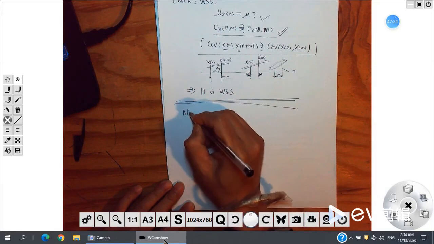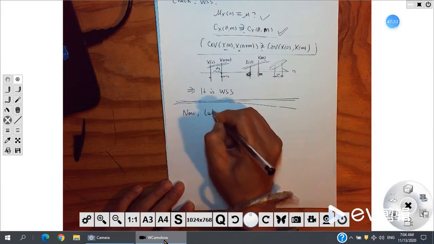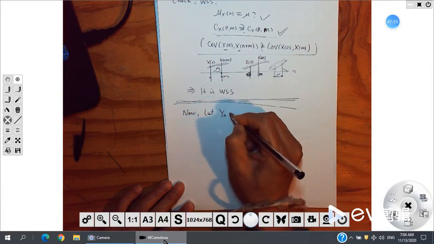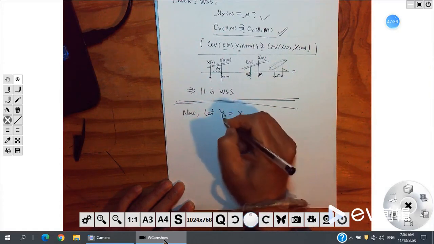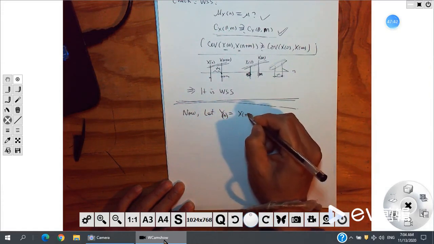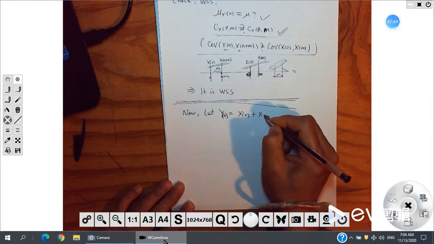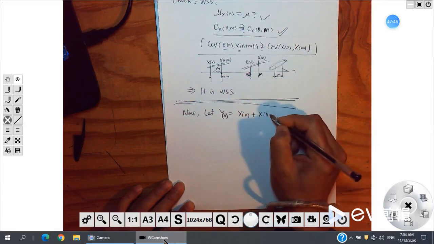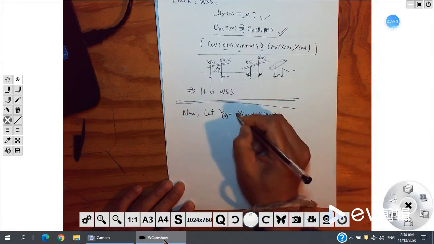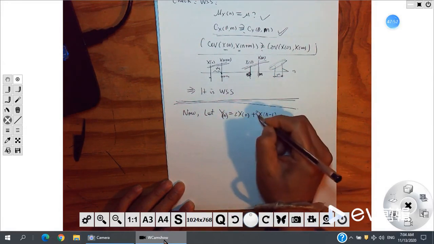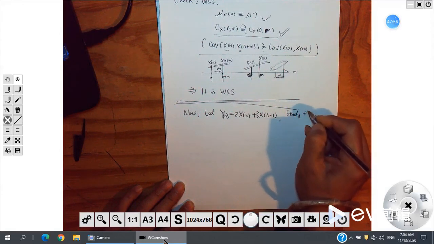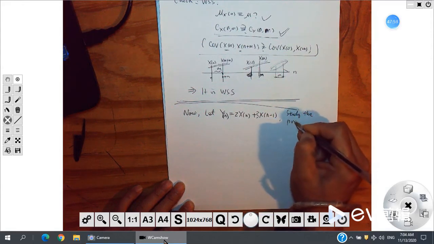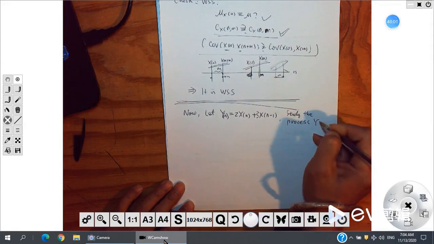Now let y of n equal to x of n plus x of n plus or minus 1. Okay, and I multiply by some constants like 2 and 3. Then study the process y of n.